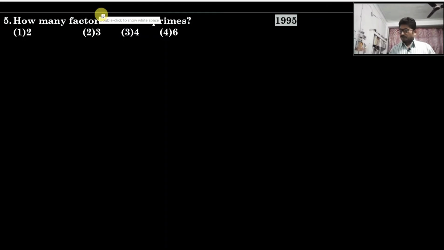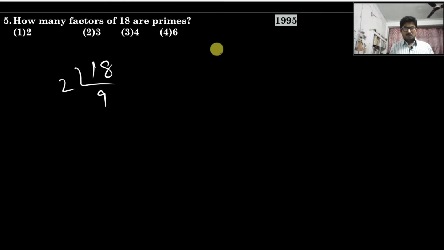How many factors of 18 are primes? 18 is 2 times 9, and 9 is 3 times 3. So there are 2 primes. 18 has 2 primes.